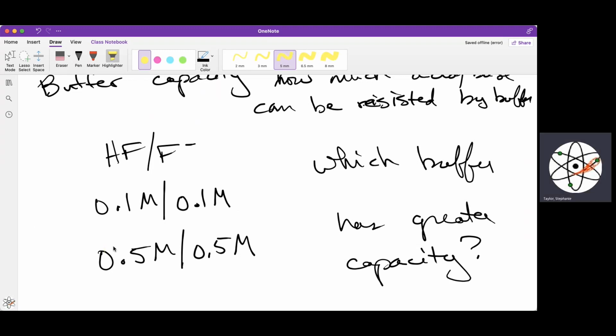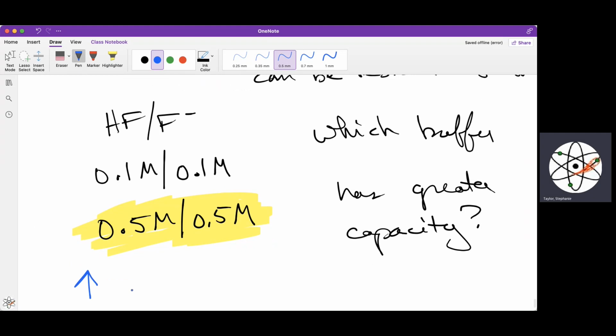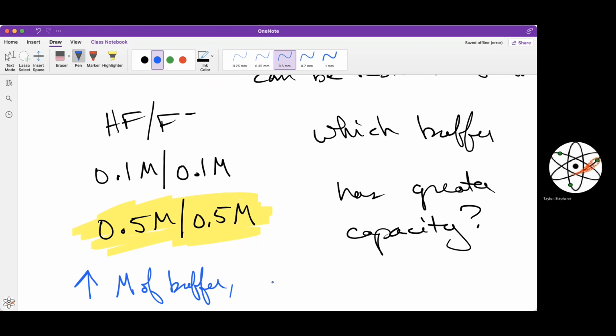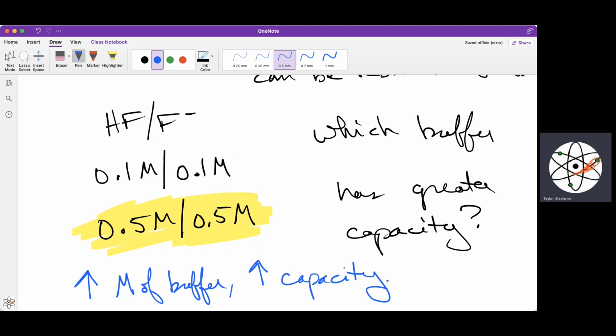I want the bigger number, because the more of those conjugate species that I have, the more it's going to be able to react with additional acid or base added into it. So basically, the higher the molarity of the buffer, the greater the capacity. So that's what you're usually looking for when we're asking about buffer capacity: the molarity of the buffer itself.